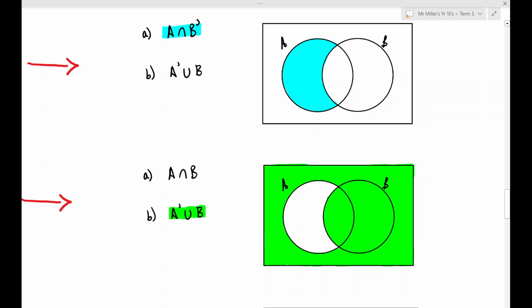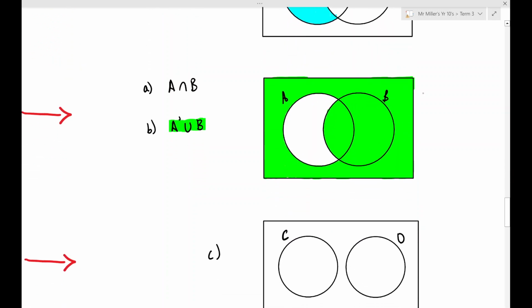So for B here, when I say not A or B, it sounds like I'm saying not A or not B either, but I'm saying not A or B. So if it's not A or if it's B, that counts.